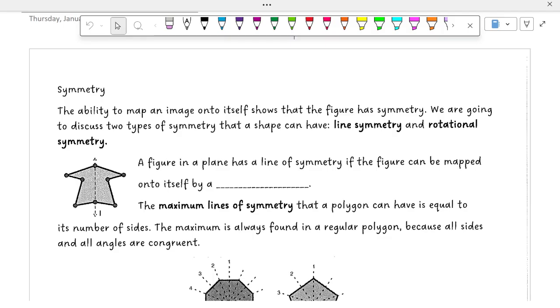Now, symmetry is not really a transformation. It's more of a phenomenon that happens due to rigid motions and transformations. All right?